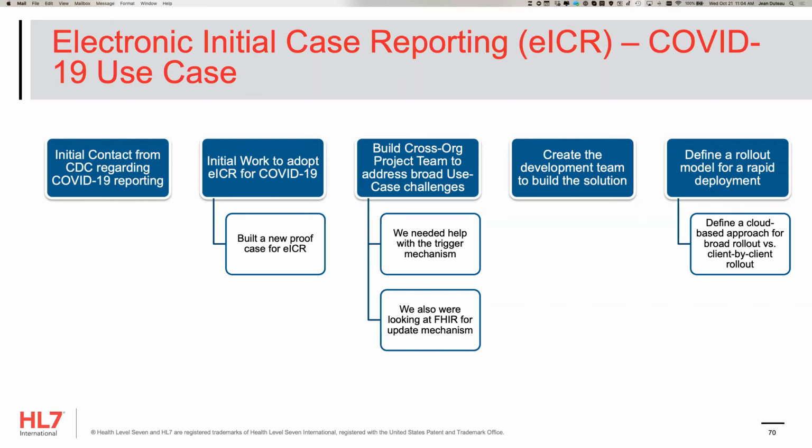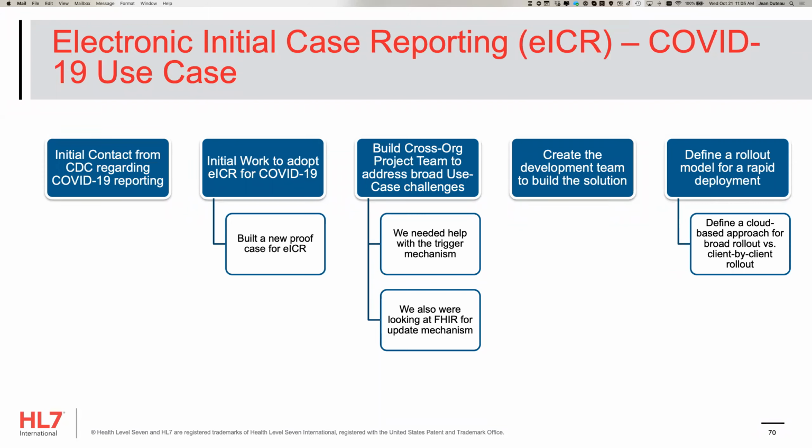We created the development team that was working on the solution, and then we're also able to define a rollout model that will allow us to roll this out for rapid deployment across our client base, rather than having something that each client would have to adopt into their local environment.